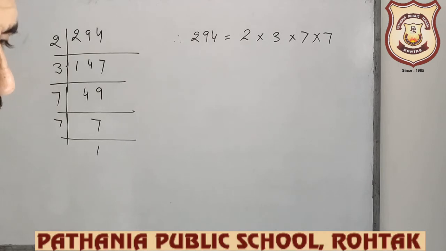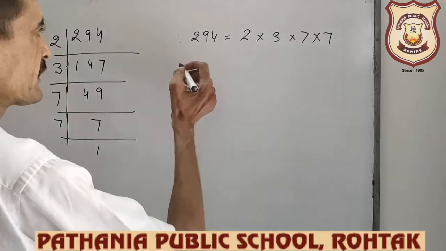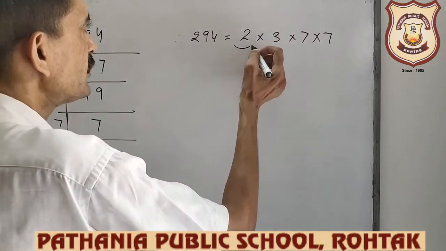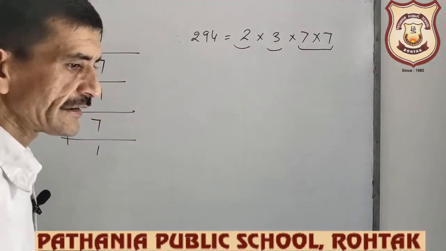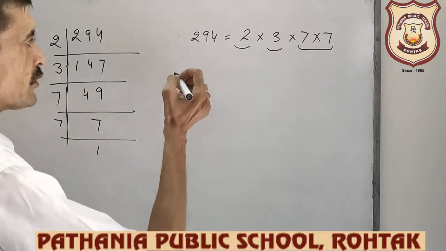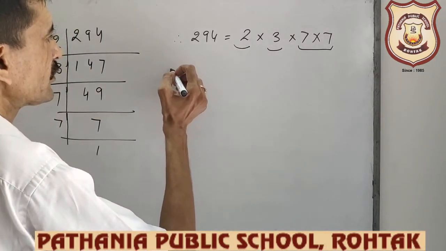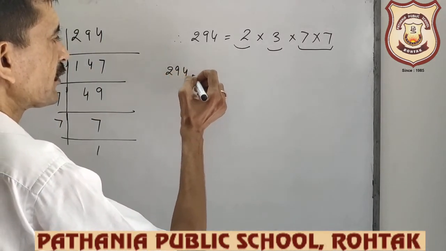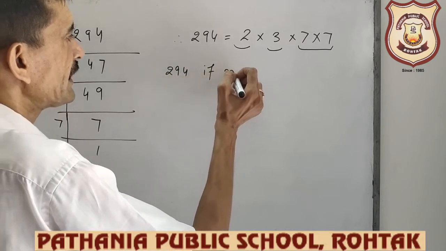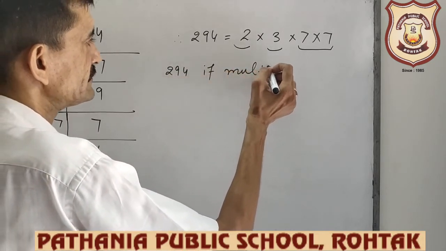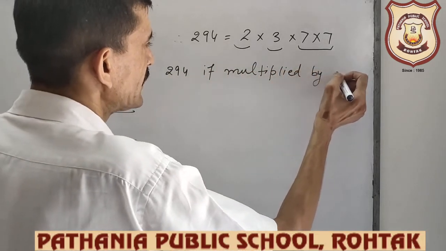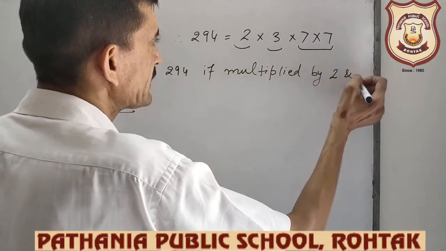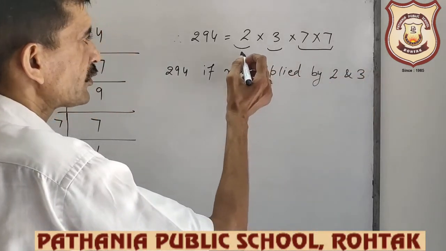Now what number is required to make it a perfect square from here? Because 2 is not in pair and 3 is not in pair, only one pair is there, that is 7. So 294, if multiplied by 2 and 3, because one 2 is required.